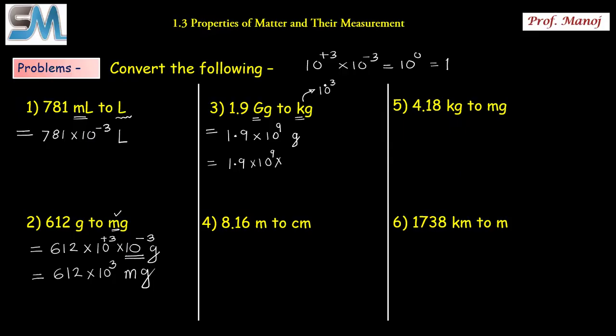By kilo, we mean 10 raised to 3. So I will write 10 raised to 9 here. I want 10 raised to 3 here, so I will introduce the opposite number. This will become 1.9 into 10 raised to 9 minus 3, which is 6. And this is nothing but kilo. That becomes kilogram.